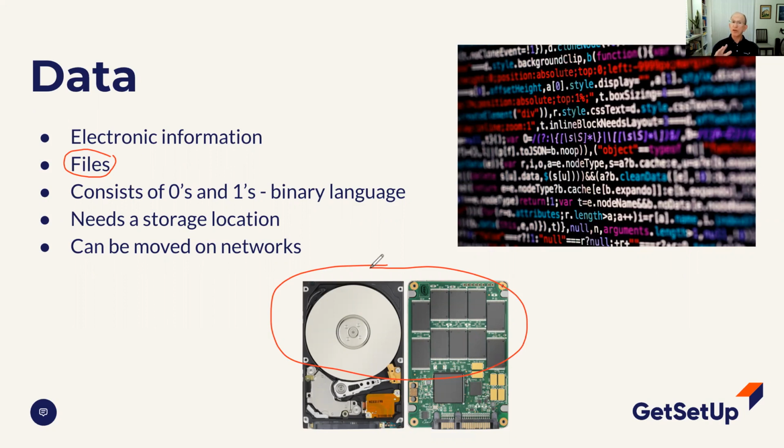The nice thing about electronic information is that it can be moved on networks over wires and wireless communications. It doesn't need to be physically carried. Your postal carrier physically carries mail and drops it off at your home, right?